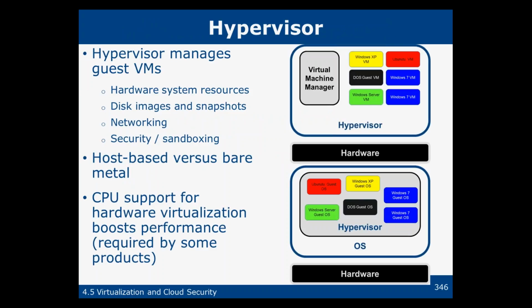It shares the hardware resources, and that's all a virtual machine really is. It is software that gives us the ability to share the hardware among more than one operating system at a time, and they don't even have to be the same. We could have a Windows machine and a Linux machine running on the same set of hardware.